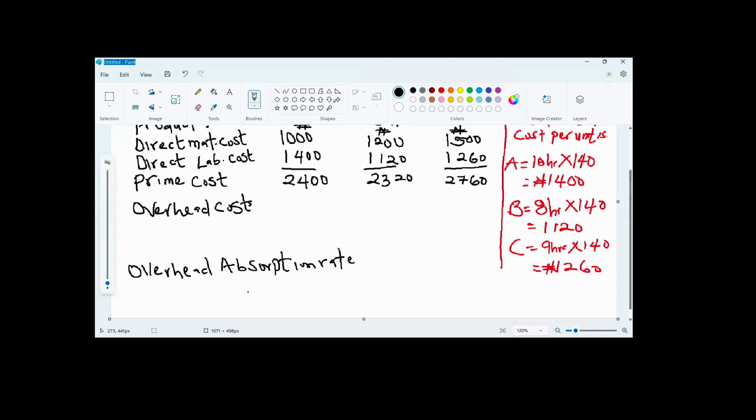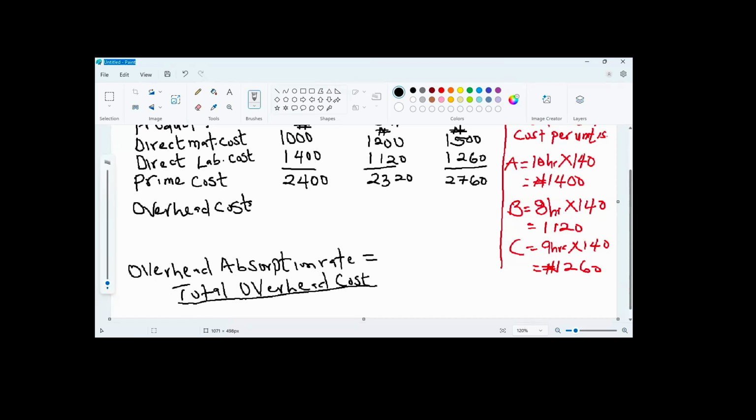This is calculated as total overheads divided by, now in this question, the examiner says overhead is absorbed by direct labor hour. So the total overhead cost divided by the total direct labor hour.